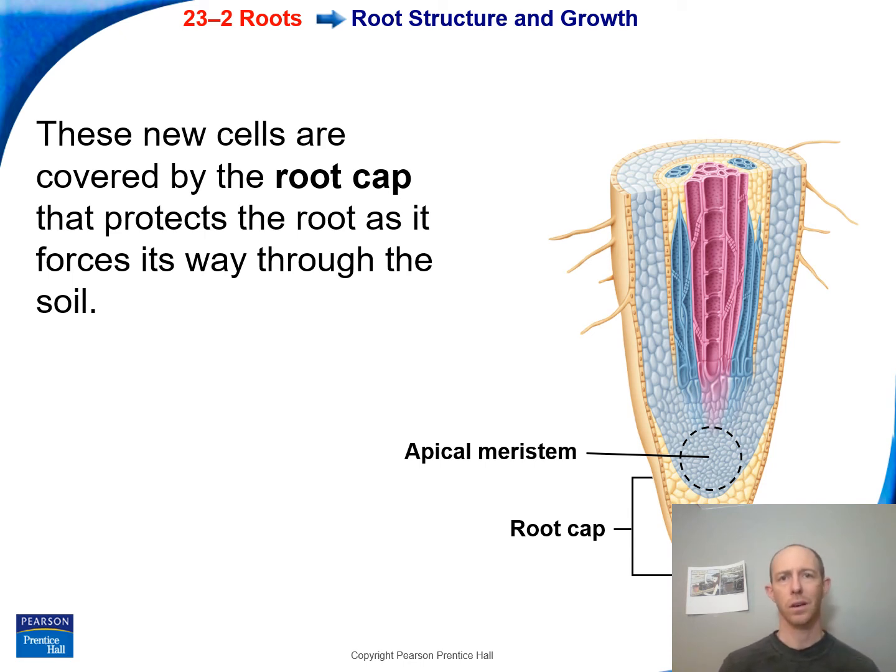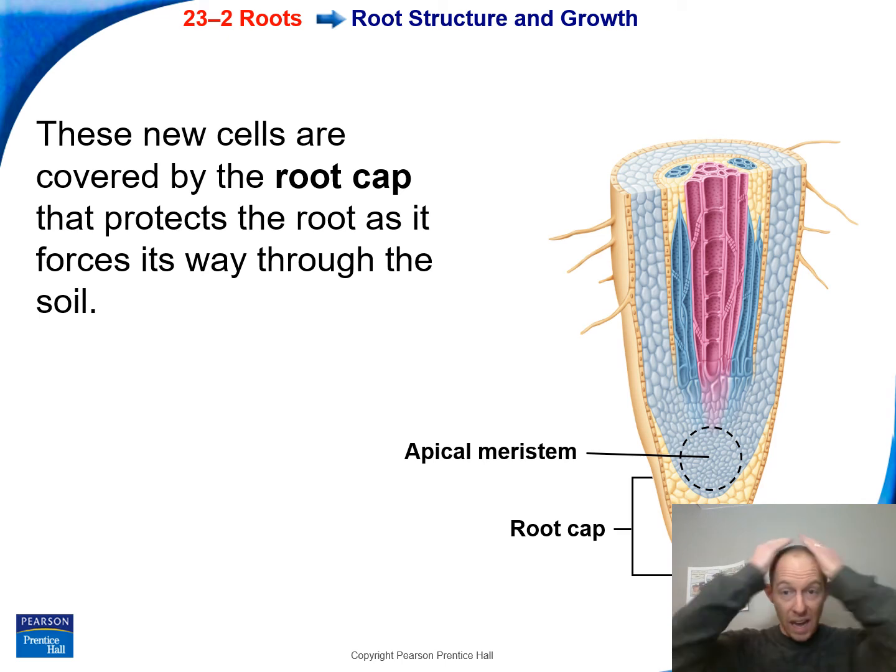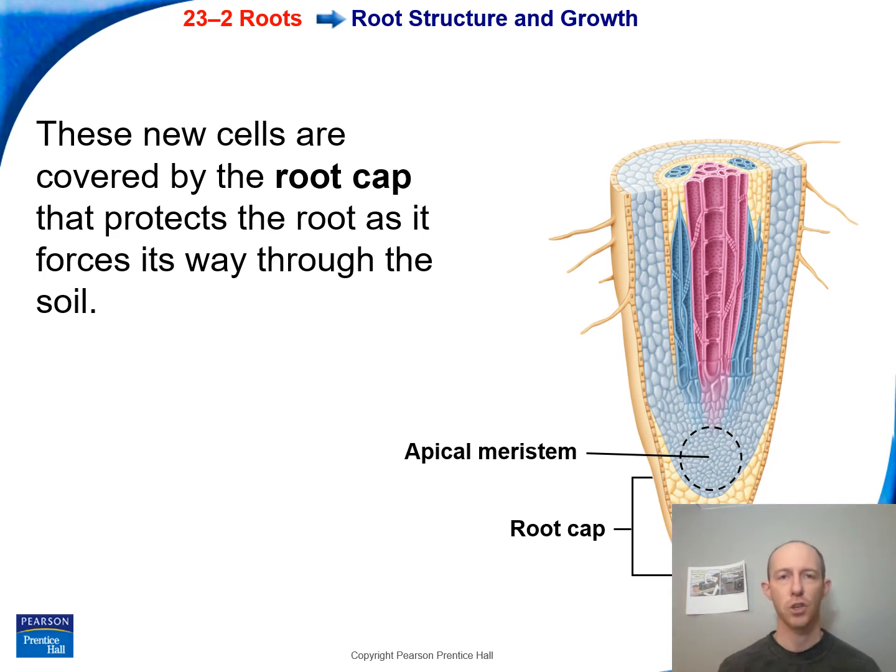Who knows what kind of debris is down there? Well, the root cap is like the little helmet on the root. That's right, protected. Excellent visual I gave you there. That will probably help you remember that for a while.